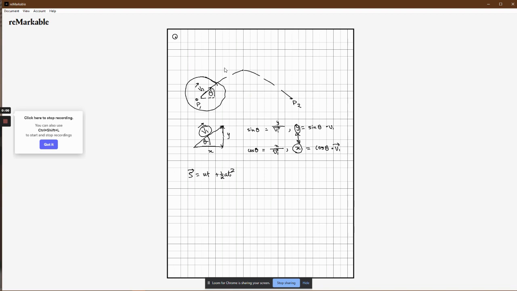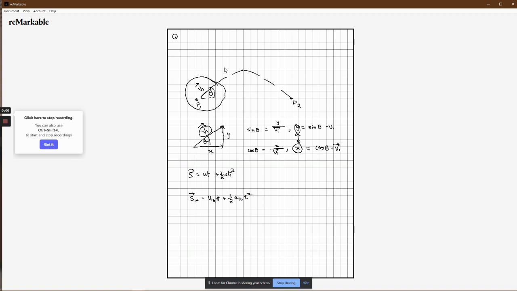Let's label this displacement as S of x, the displacement in the x direction. That gives us u, the initial velocity in the x direction, multiplied by time, plus half the acceleration in the x direction times time squared.